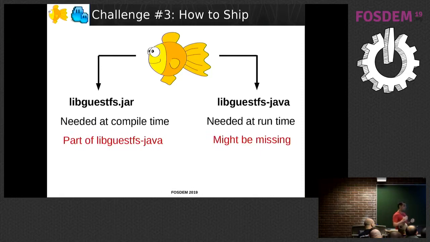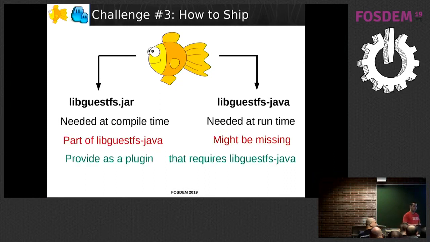One, we obviously don't want to duplicate the Java file into Mu Commander because it should already be accessible on the host. And second, libguestfs Java might be missing on the host. I plan to overcome this problem by introducing this functionality as a plugin that will be installed separately on the host, and it will declare libguestfs Java, specifically the version that we tested the plugin with, as a dependency. That's the plan.